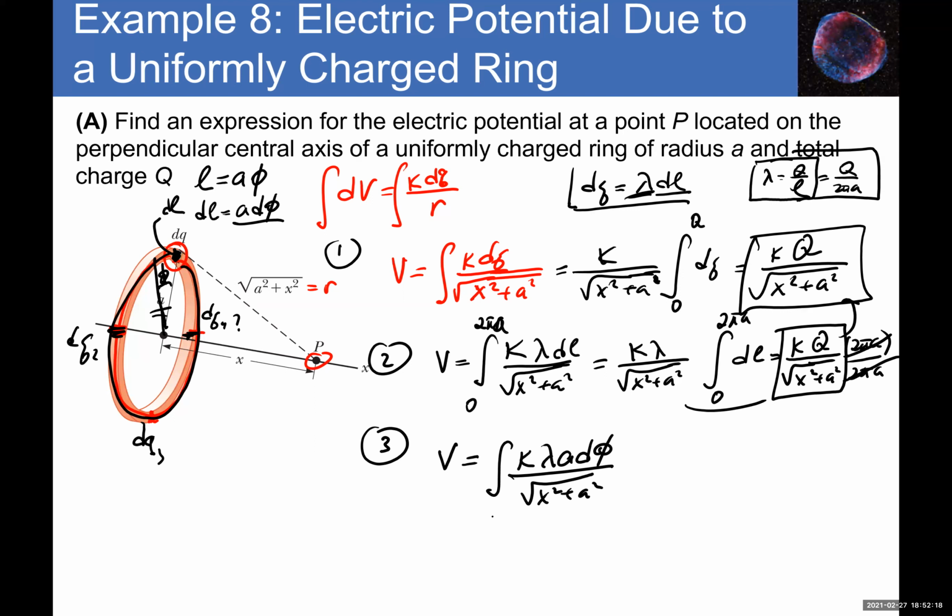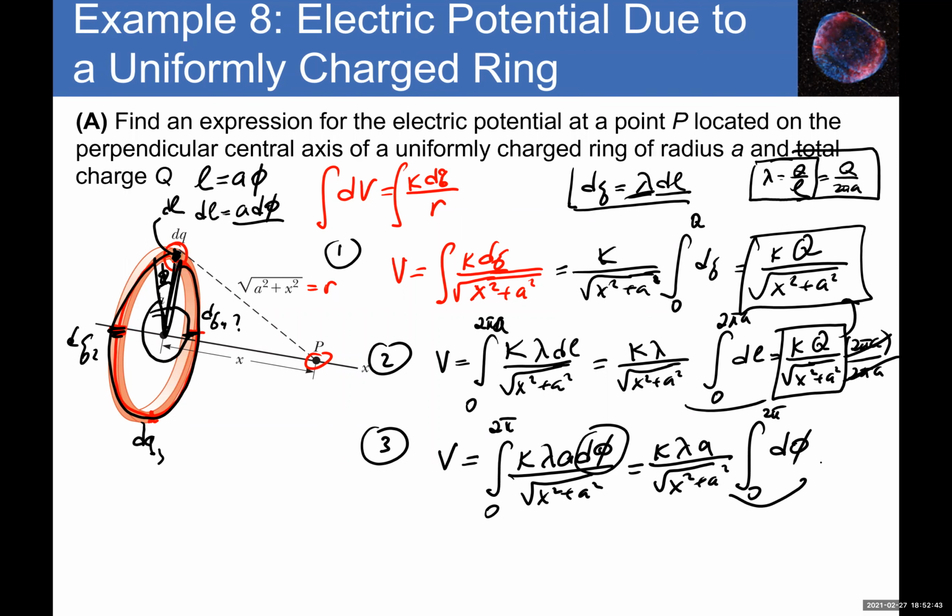Now, I am going to be using this change in angle phi, right? If I start from here, then my angle changes going from 0 to 2 pi. Removing all the constants, k lambda A over x squared plus a squared, then the integral of how the angle changes, d phi going from 0 to 2 pi. You can see this integral gives me nothing but 2 pi.